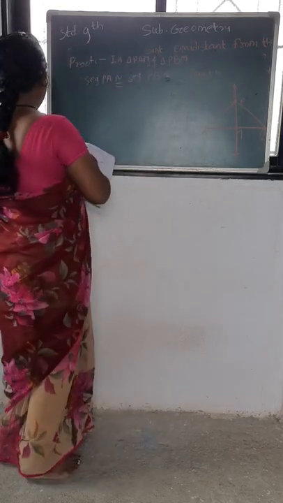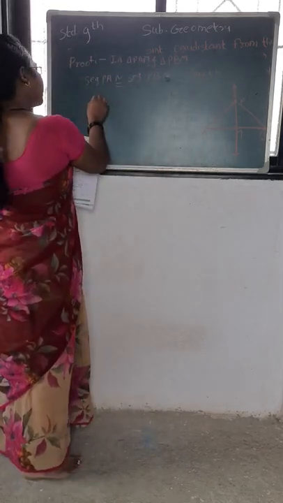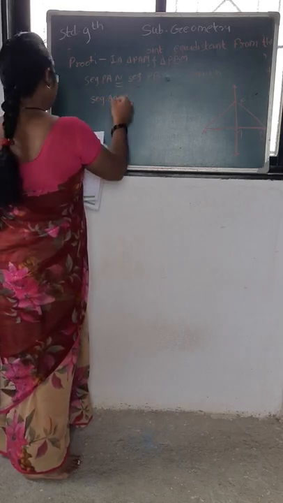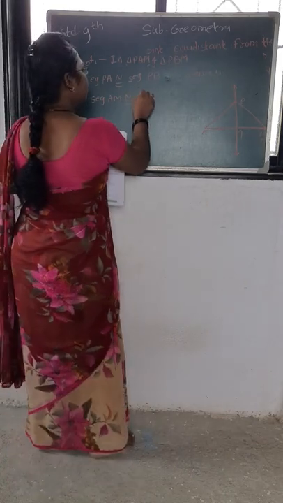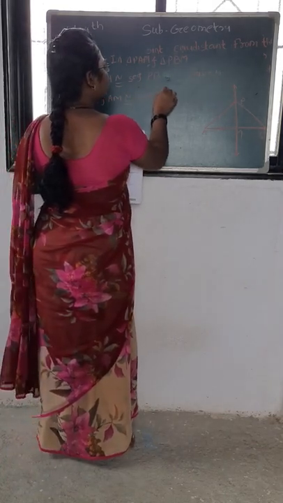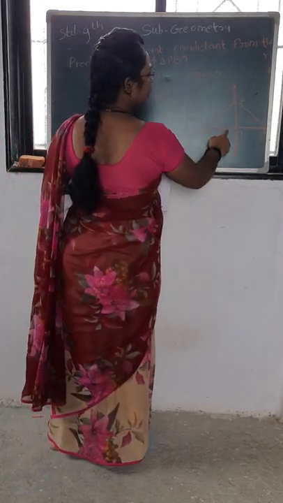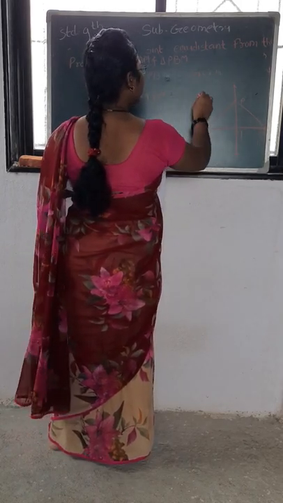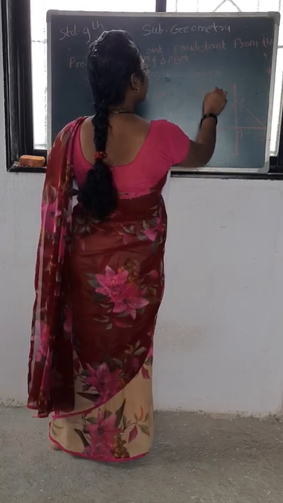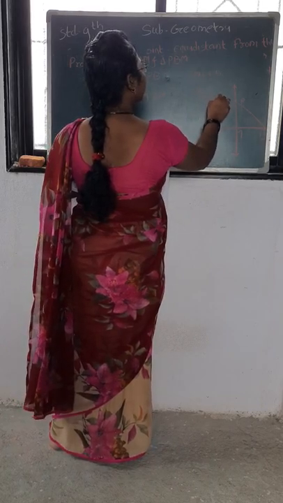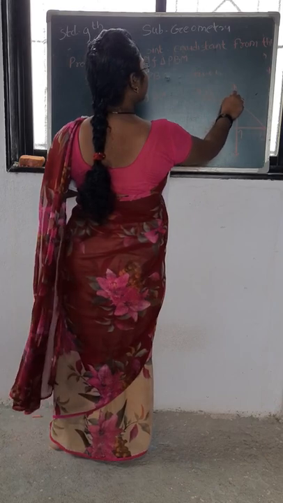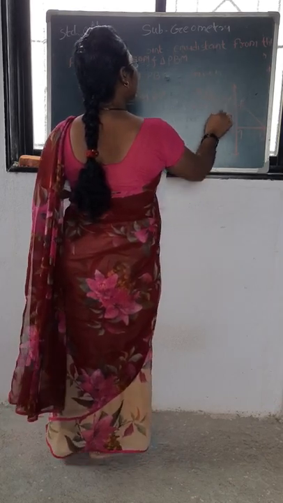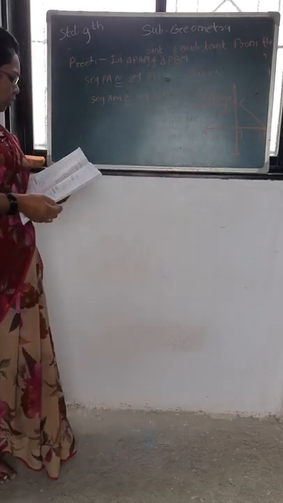Next, segment AM is congruent to segment BM. The reason is that M is the midpoint, so AM is equal to BM.